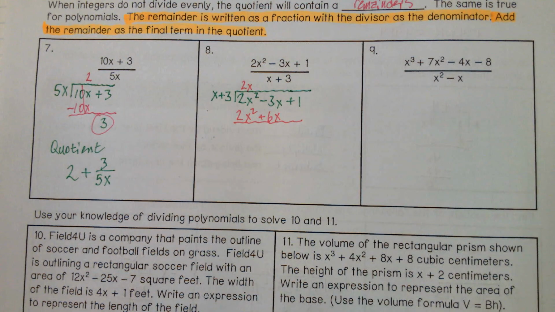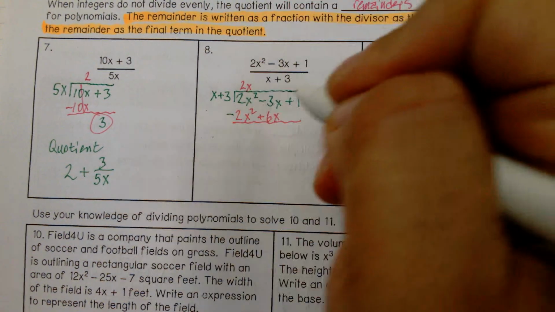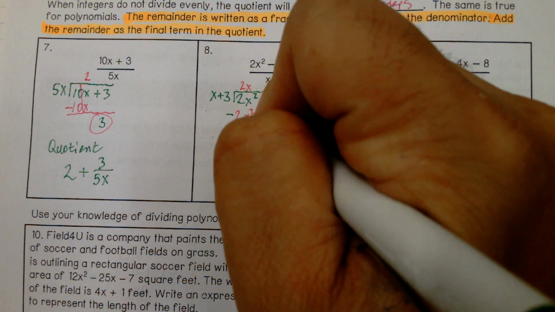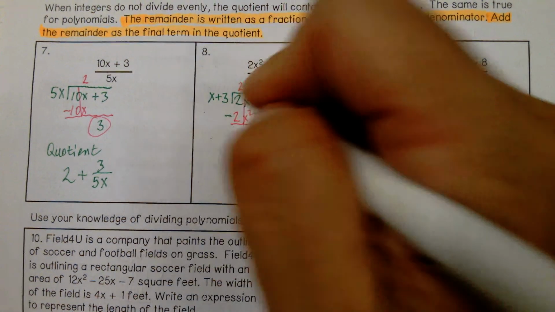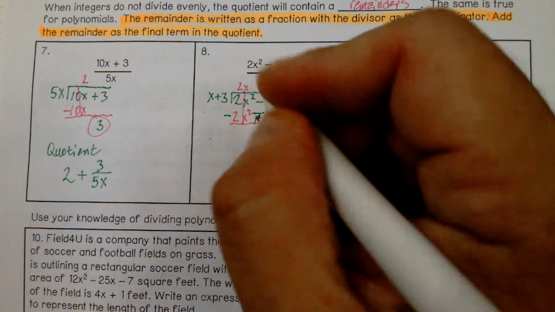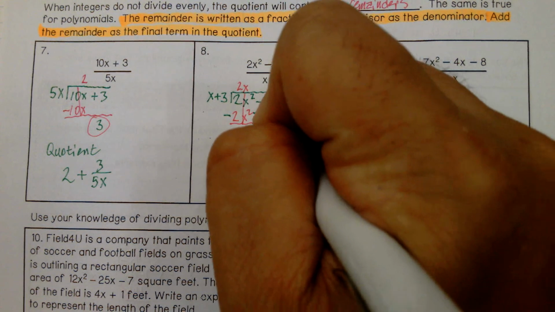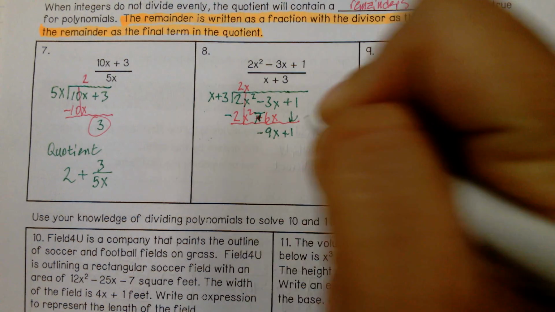So now let's apply our negative or minus. That becomes negative. This becomes negative 6x. So these cancel, right? And what do I get? I get negative 9x. And then bring down the plus 1.